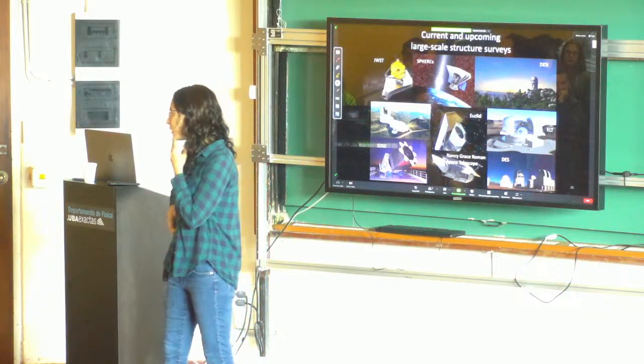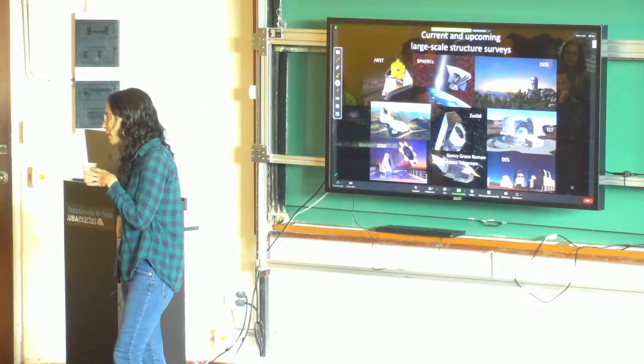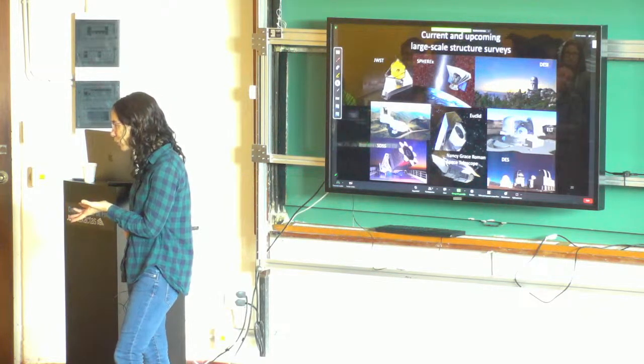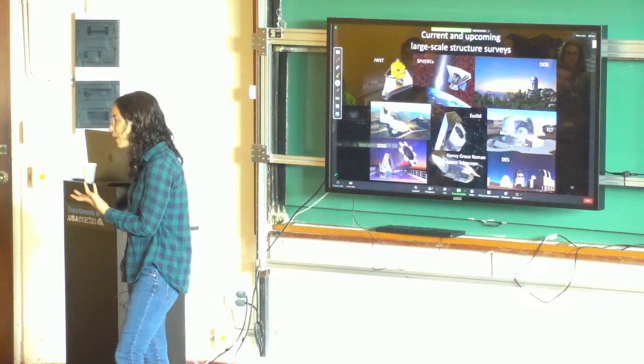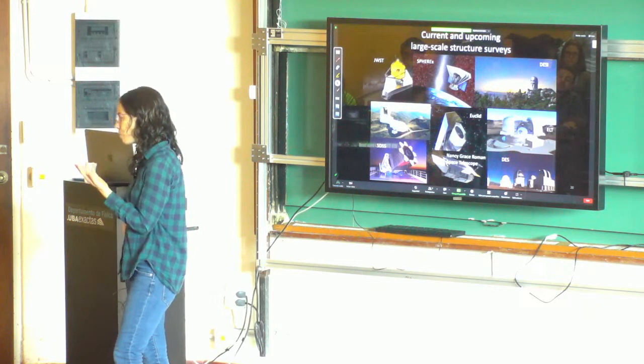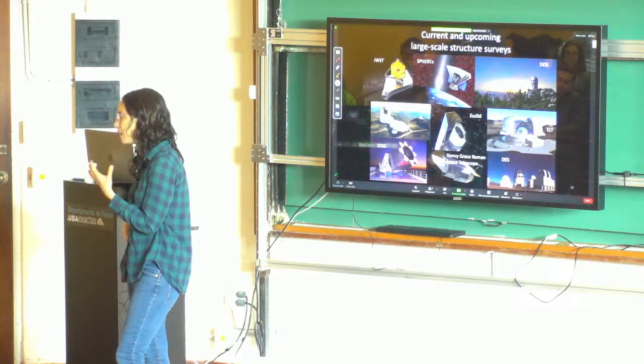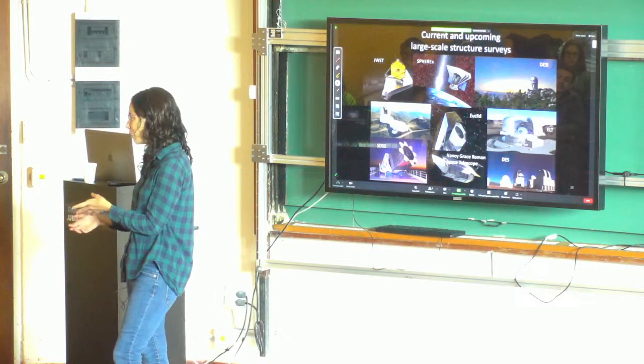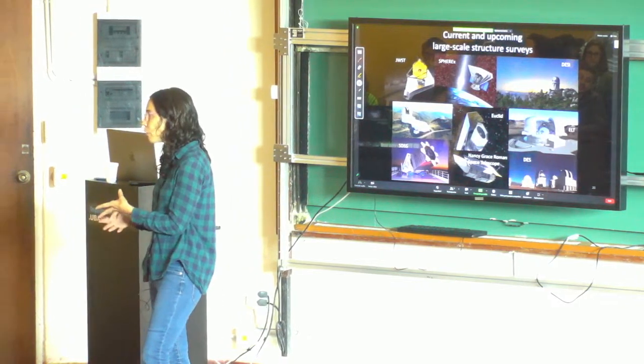This was just a comment in general. In simulations or real data, it's not very transparent. You don't know very well what are the kernels that are being used, where the information is coming from. I know that there are lots of methods being developed, latency maps and different methods to try to understand where the information is coming from.